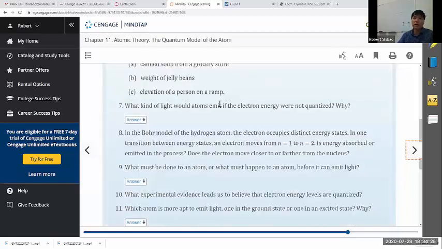What kind of light would atoms emit if the electron energy were not quantized? It would emit a continuum. Electron energies in an atom are quantized. The atom is like a small aquarium, and the electrons are confined to that small aquarium, so they're going to be quantized.